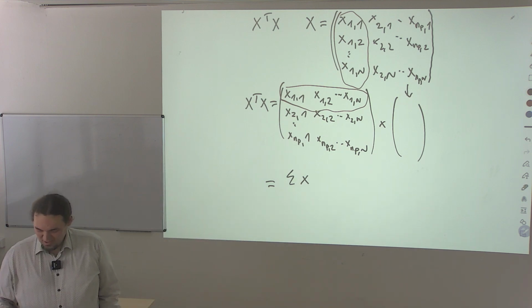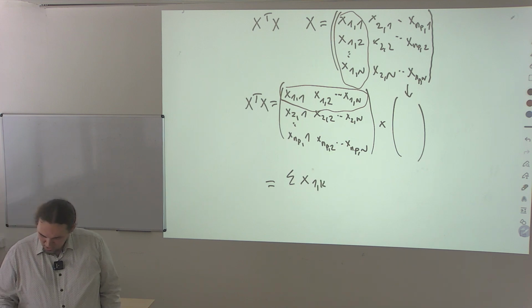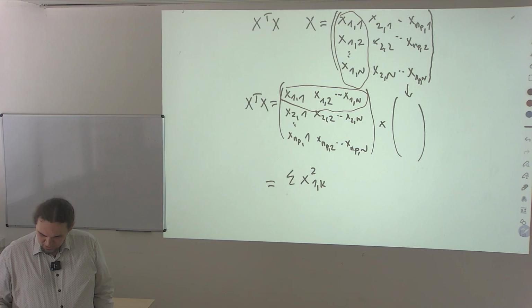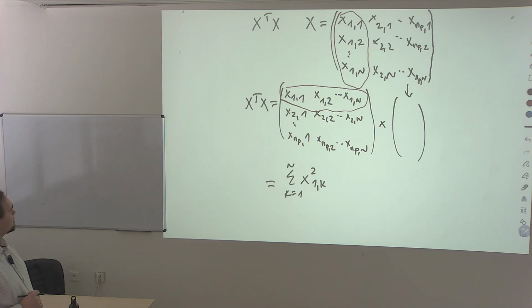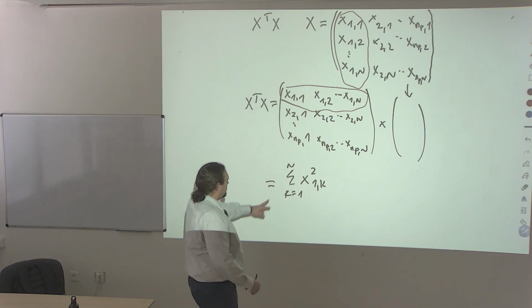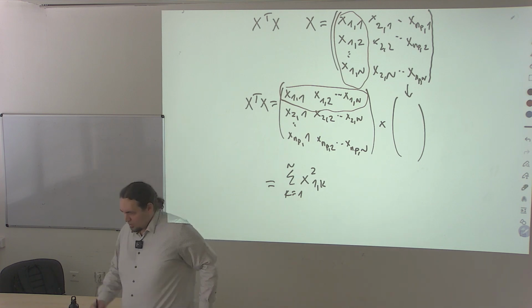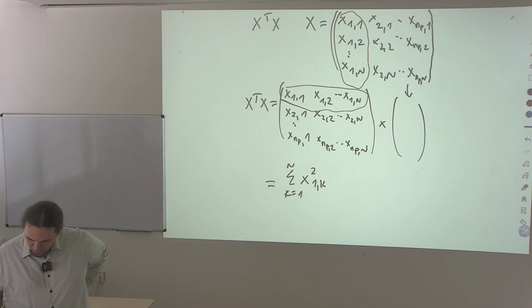The first one, index 1, and the second index would just iterate. We already know that we get squares, and this will go from k=1 until capital N. Good, sum of squares.